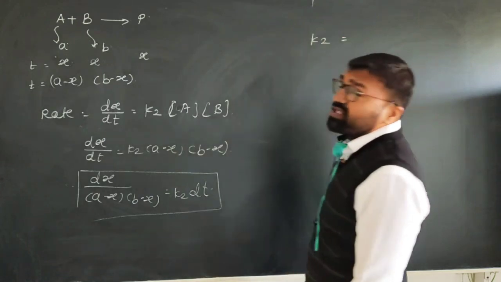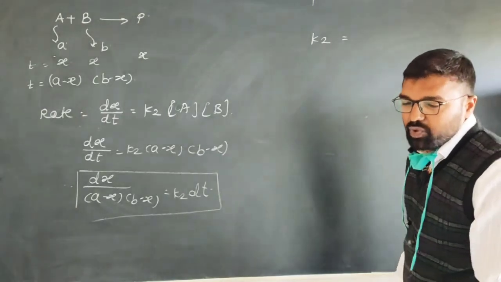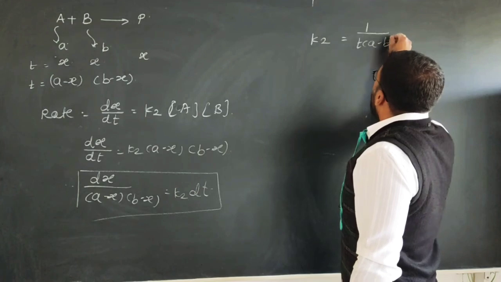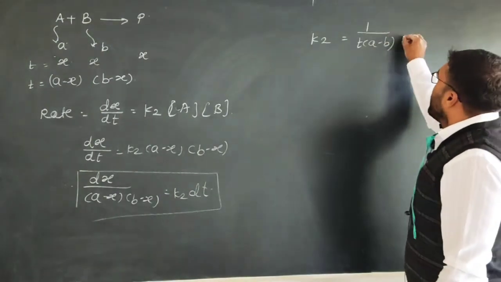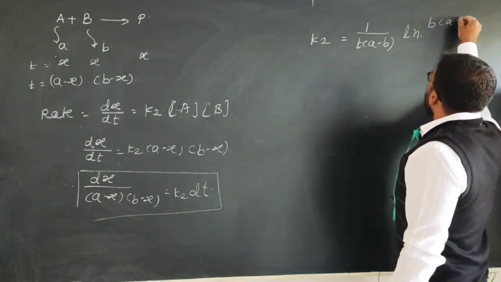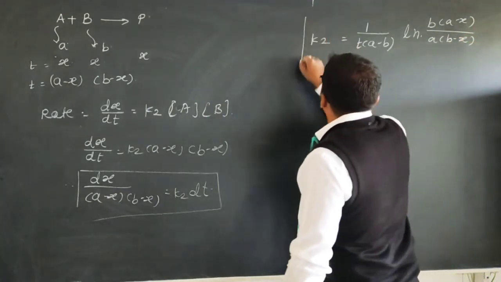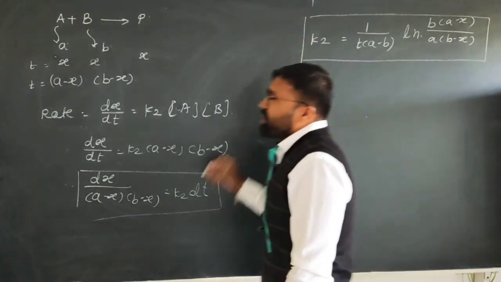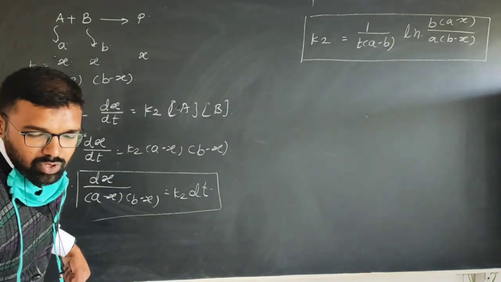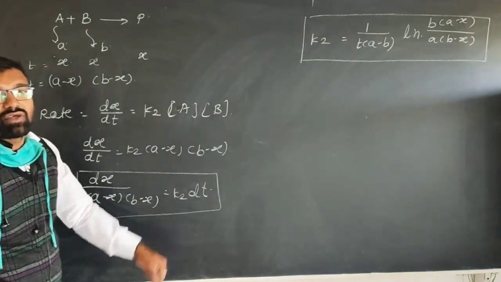K2, the rate constant for the second order reaction with unequal initial concentrations or two different reactants, is equal to 1 upon t into (a minus b), into logarithm of b into (a minus x) upon a into (b minus x). This is the final equation after using the laws of integration and partial fractions.